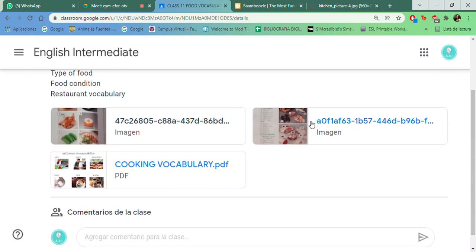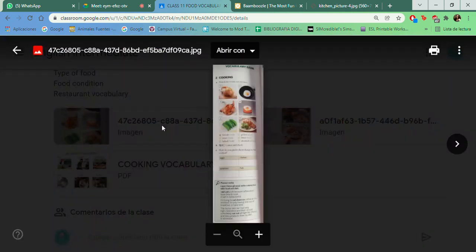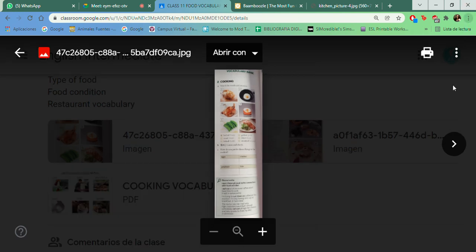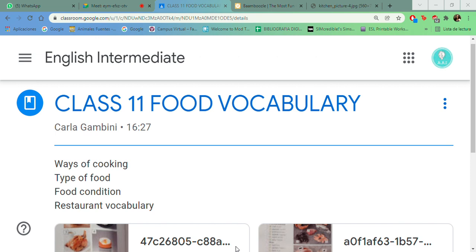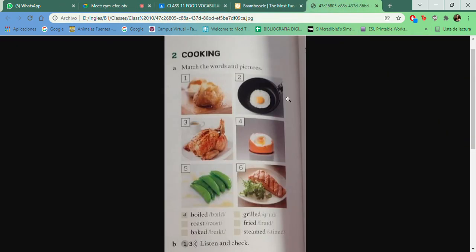So let's practice here ways of cooking. Here we have ways of cooking, and let me zoom a little bit. Let's see if I can, nope, I cannot zoom it. Why? Let me see. Great, I can zoom it right here.